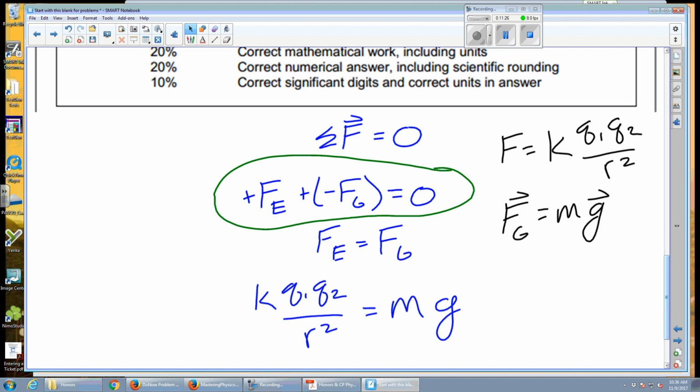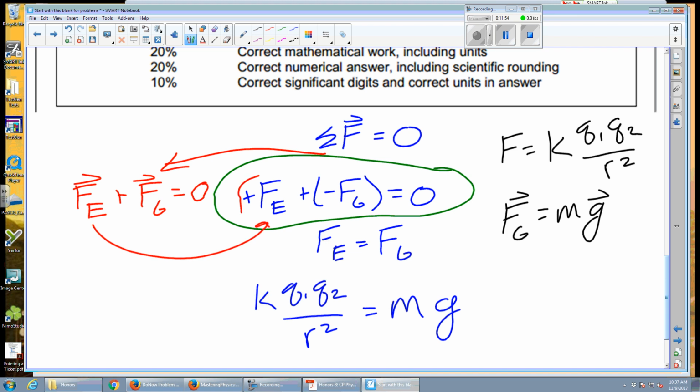So let's back up one step, okay? I think this skipping steps is harsh on some of you. So here's the intermediate step. Take the vector that is the electrostatic force and add it to the vector that is the gravitational force, and those are going to add up to 0. The vector that is the electrostatic force is positive.